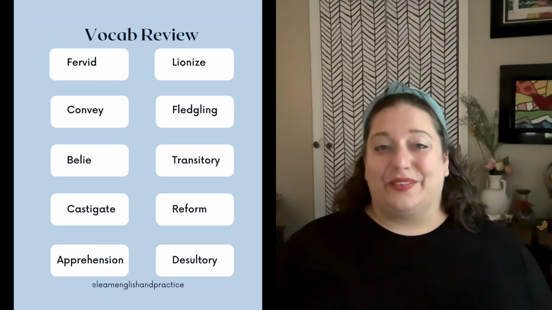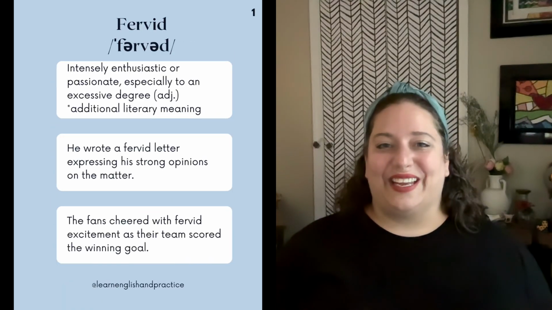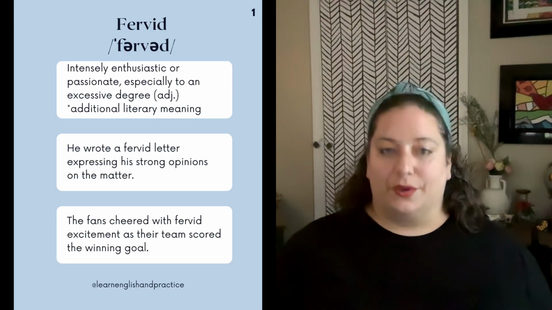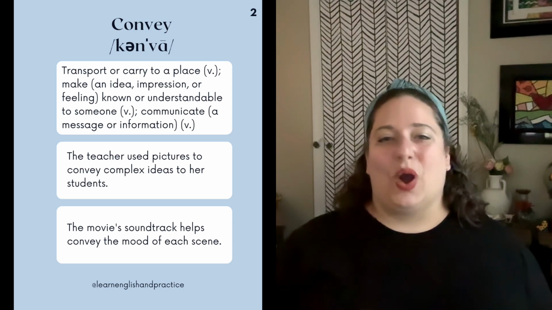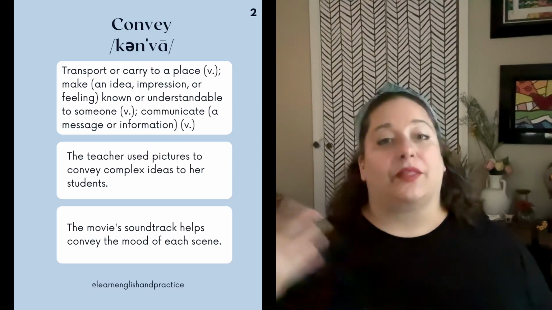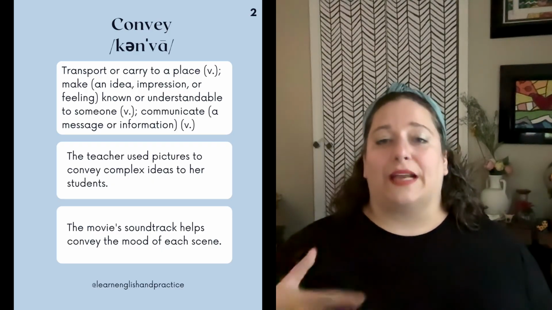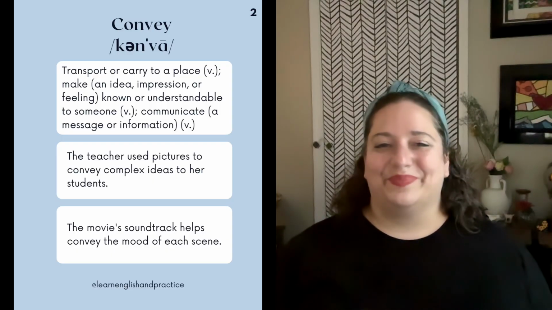So let's review these words quickly and I'll spell as we go. Fervid means extremely enthusiastic or passionate. Convey means to transport something to another place or to make something understandable to someone or to communicate it.